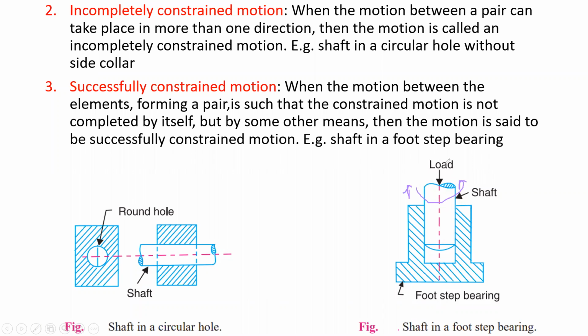Otherwise, if we suppose that load is not there, then the weight of the shaft itself will act downward and will always try to keep contact with the bearing. So here you have not provided any collar-like thing to prevent the upward movement, but the weight of the shaft itself is doing that work. So you can say that such a motion is the successfully constrained motion. Are you getting the difference between successfully and completely constrained motions?